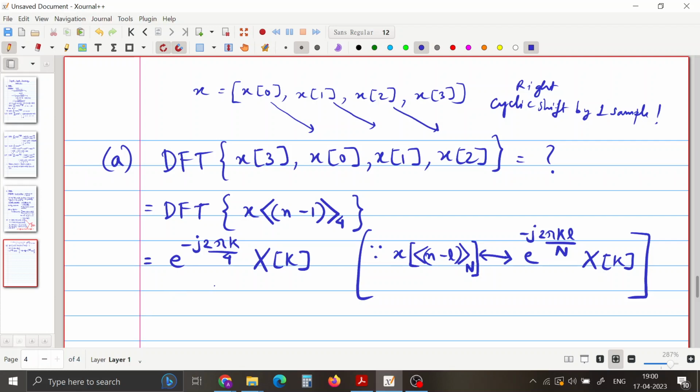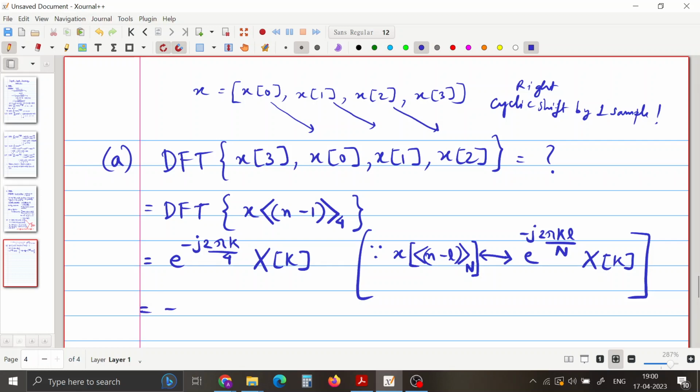So from this property we get this. Firstly, what is e power minus j 2 pi by 4? It's basically e power minus j pi by 2, which is minus j.